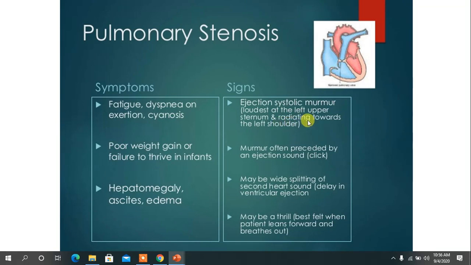It is the direction of the pulmonary valve. Okay, and this murmur will be preceded by an ejection click. So it can be diagnosed in this way. There are other symptoms, but these are enough to know the signs and symptoms. What kind of murmur will be produced by the pulmonary stenosis?